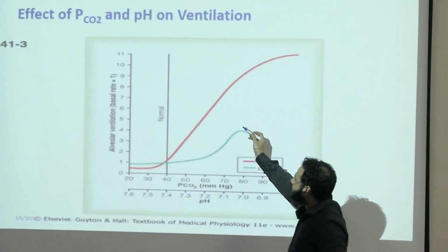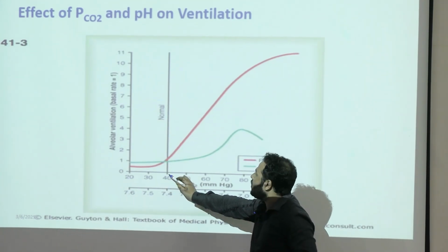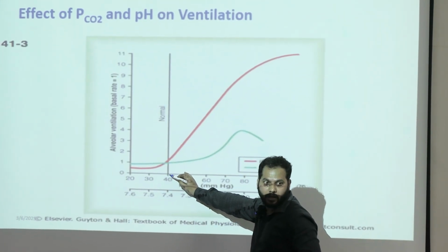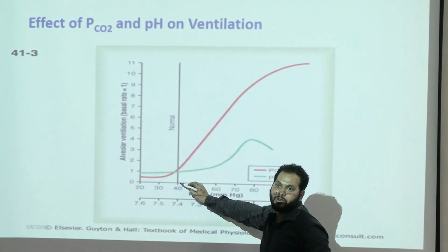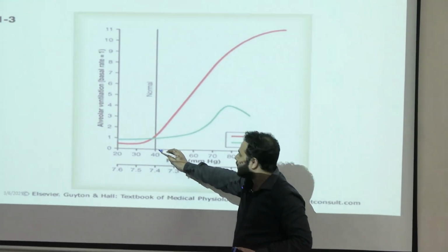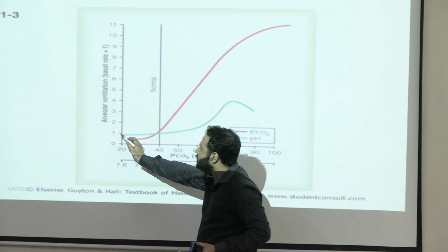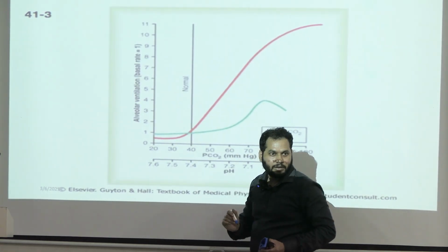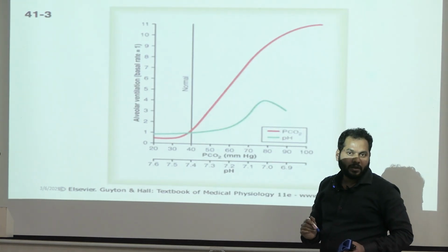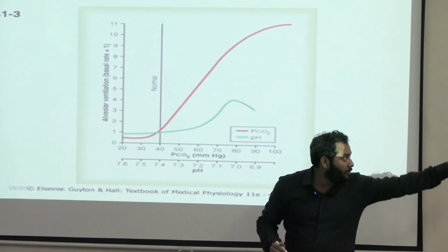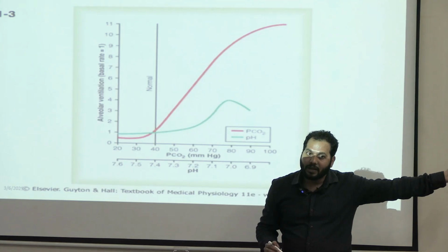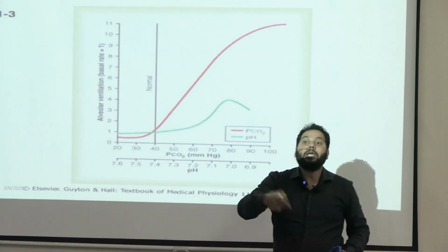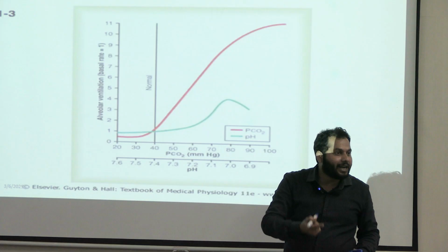From the red curve you can see that up to 40 mm of mercury, when the partial pressure of carbon dioxide was 40, the rate of ventilation was normal, that is around 1. Right? Now, as the level of carbon dioxide is very high, it needs to change the rate of ventilation.